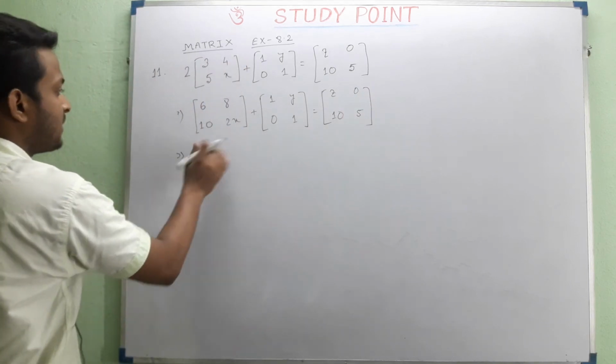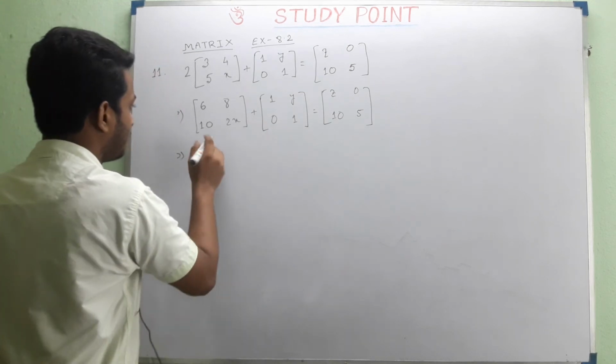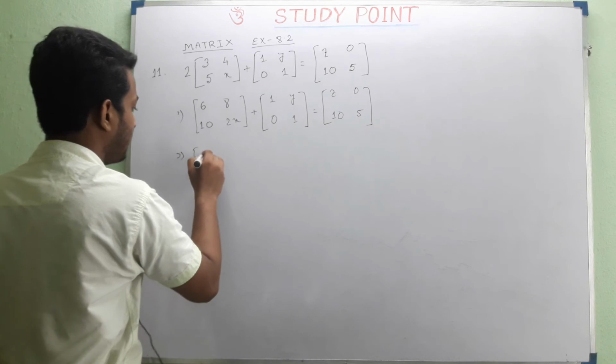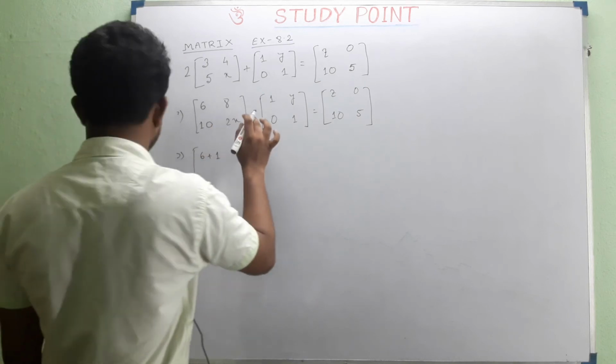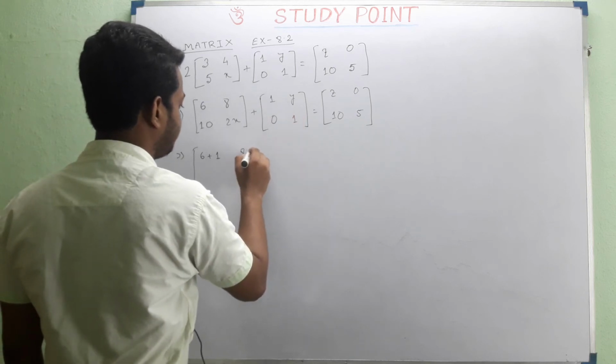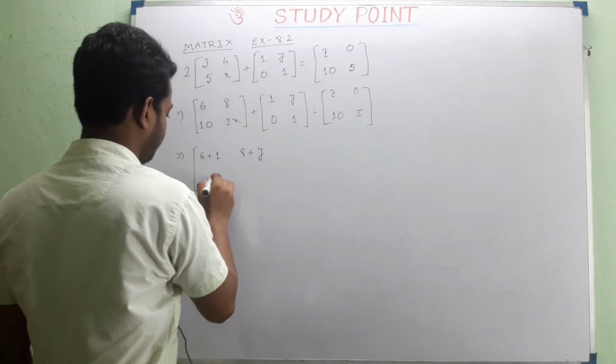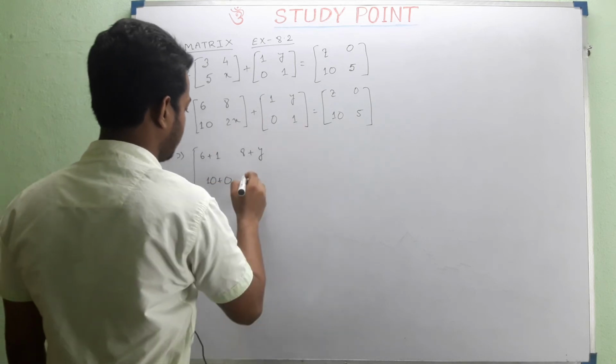Now because these are two matrices and there is an addition sign, we have to add the two matrices. 6 plus 1, 8 plus y, 10 plus 0, 2x plus 1.